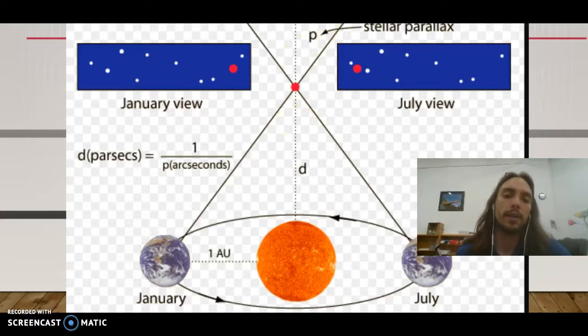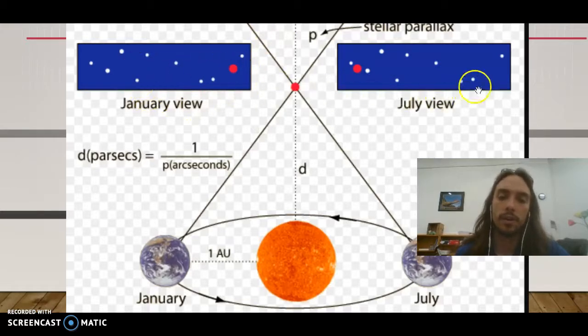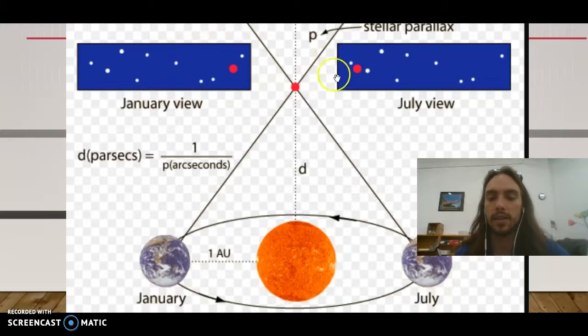So when stars are very distant, we don't see them move all that much. And that's just because they're so far away that our observable realm doesn't really take that movement into effect, because what we're looking at doesn't change all that much. But these closer stars, like the zodiac constellations, we see them change from season to season.